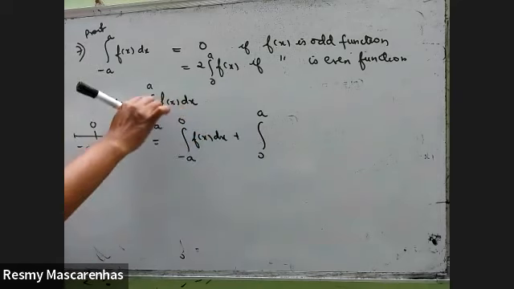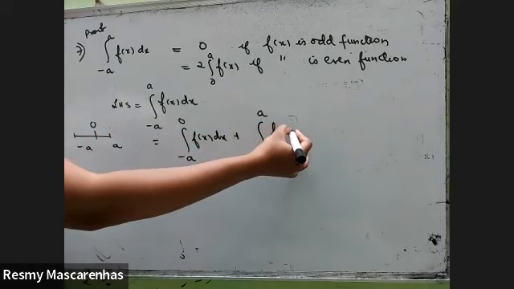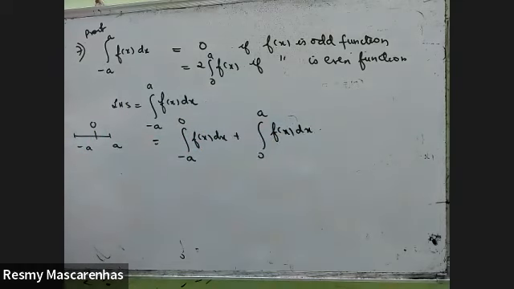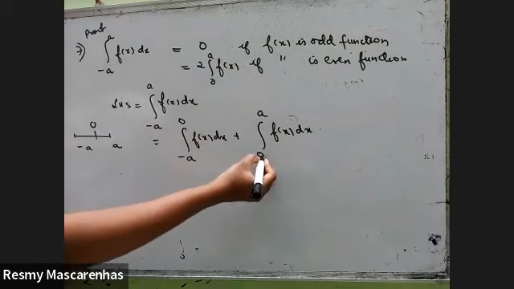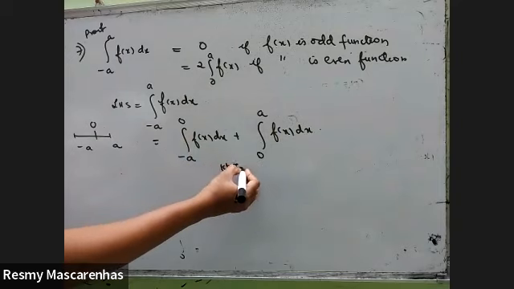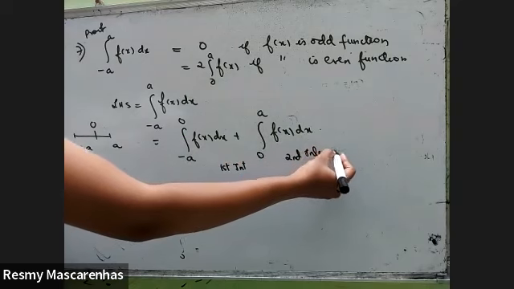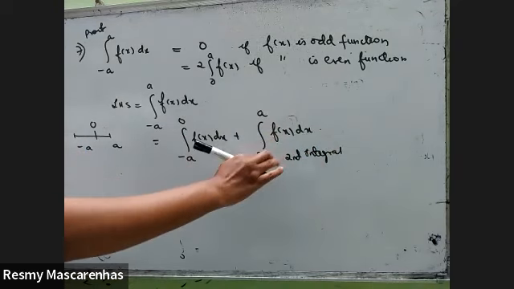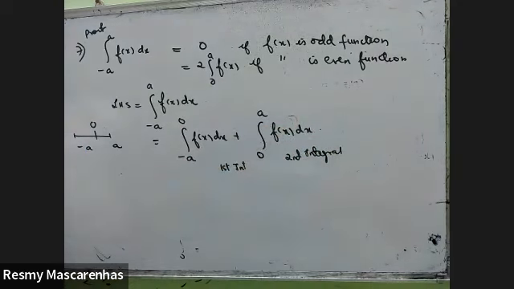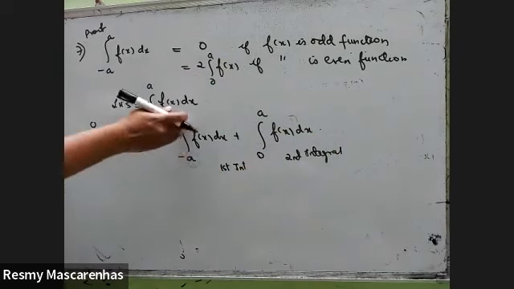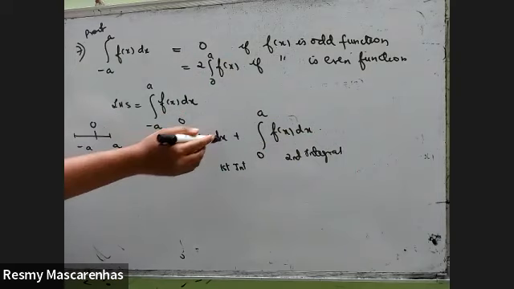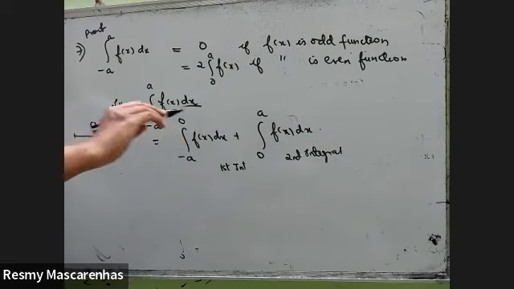I'm splitting this integral into two parts. So this is the first integral and this is the second integral. The second integral is as it is, 0 to a of f of x. We don't have to do anything. But if you notice, the limits of the first one are slightly different, not 0 to a. So we try to change this integral.